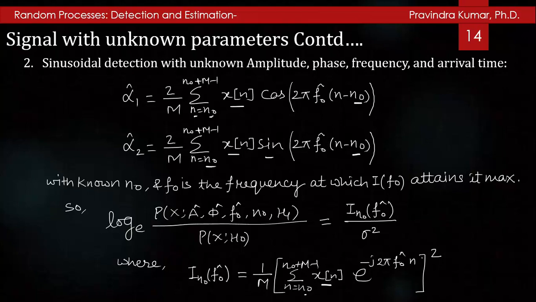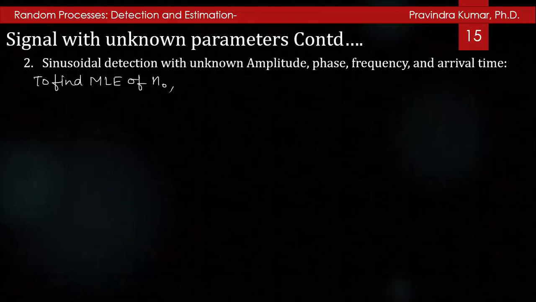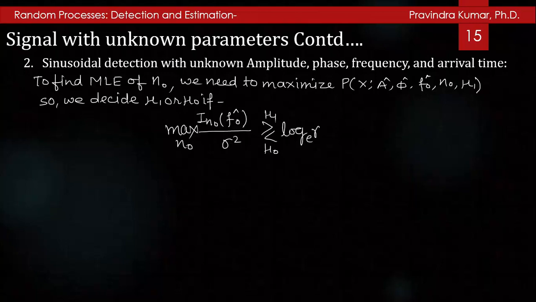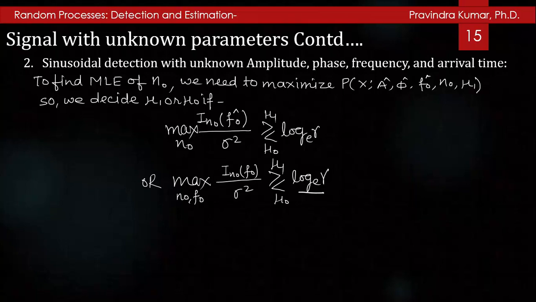So we decide H1 or H0 if the maximum of the likelihood function, meaning the PDF under hypothesis H1, and we decide H1 or H0 if the maximization of this periodogram I(n0, f̂0) divided by sigma squared is greater or less than log γ. You can also write it as the maximization over n0, f0 of I(n0, f0) by sigma squared greater or less than log γ.